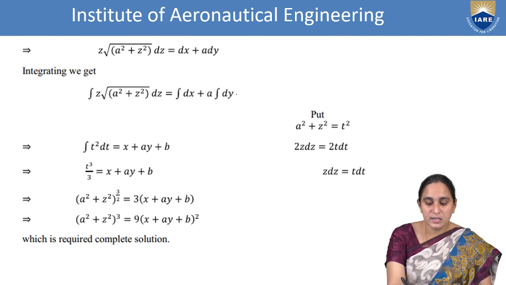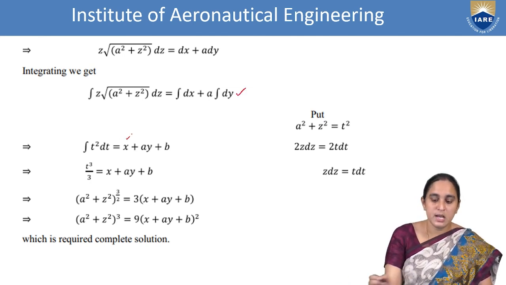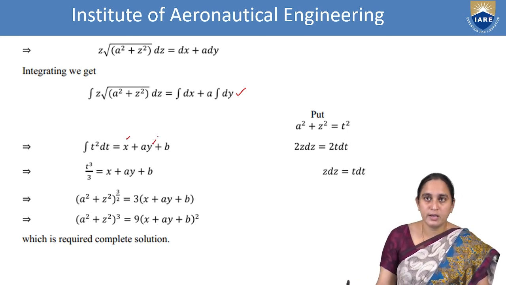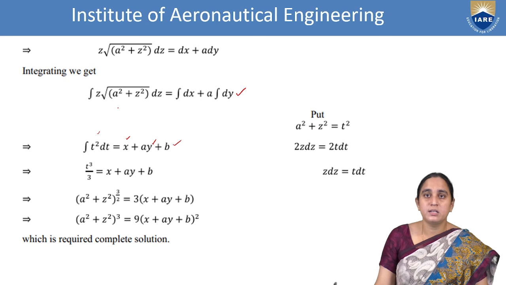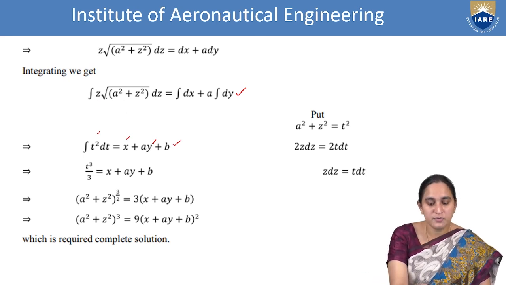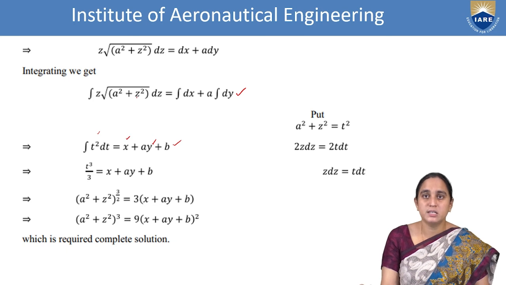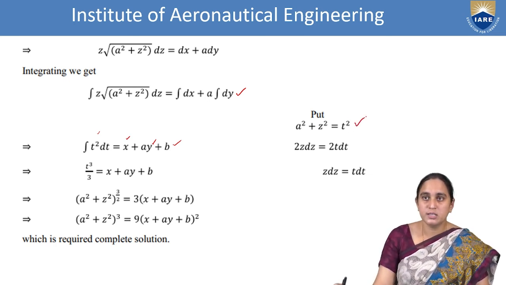Here the RHS integration is very simple. Integral dx is x, and integral dy is y, so a into y, plus constant b. What about the LHS? How do we get integral t square dt? For that, the integral of z root of a square plus z square dz. For our convenience, I'll reduce the equation to one variable: a square plus z square is equal to t square.